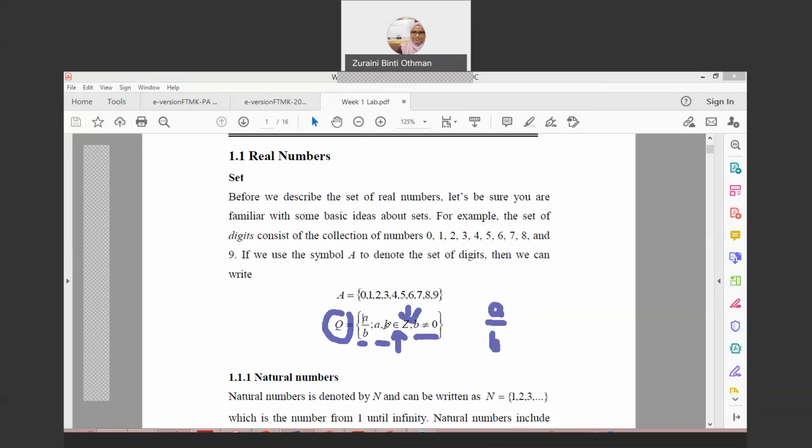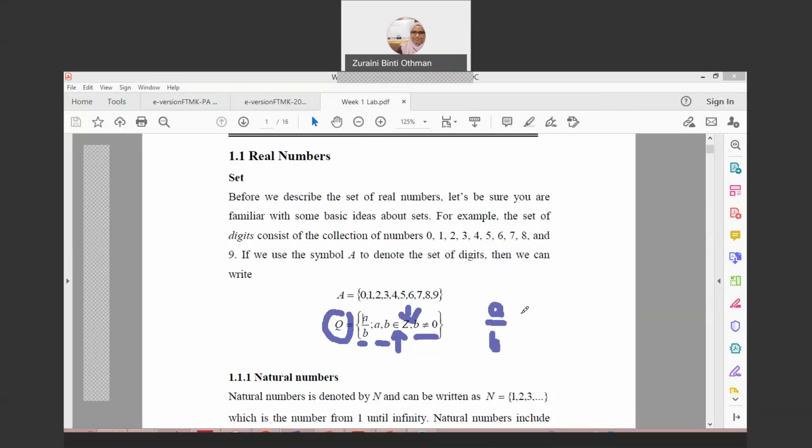Contohnya A dan B tu ialah element of Z. Z, sekejap lagi kita belajar, Z is integer, meaning that integer ialah nombor-nombor bulat termasuk negatif. Dia tak ada nombor-nombor pecahan. Contohnya kat sini A and B element of Z dan B itu tidak sama dengan kosong.